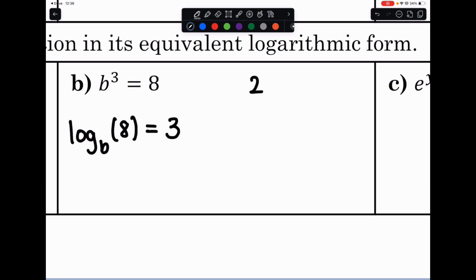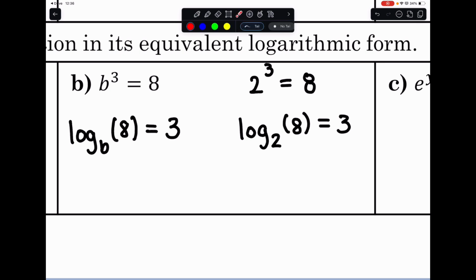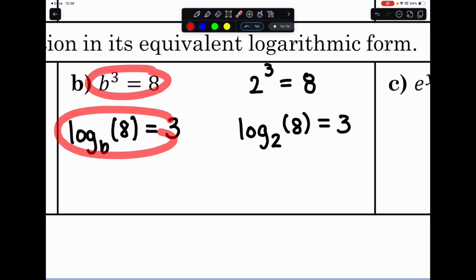If I get 2 to the third power equals 8, let's do an example with some actual numerical values. Look how this correlates. So as a log, an equivalent log equation, our log base 2 of the value of 8 equals the exponent of 3. So this is equivalent to the one on the left, and this one is equivalent to the one on the right.